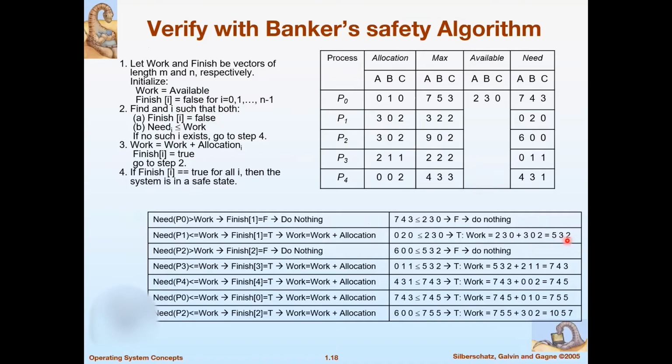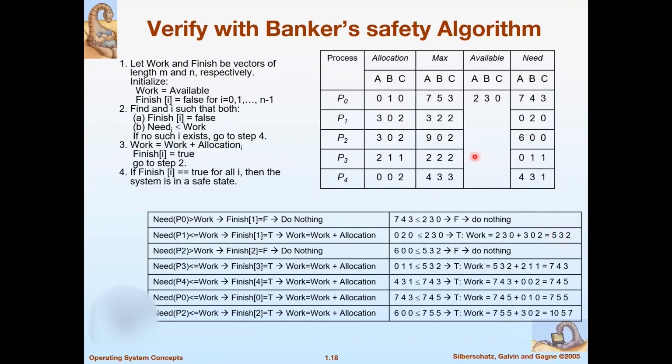Now come to process P2. The future need of P2 is 600, which is greater than the current available. So P2 will not complete. Come to process P3. The future need of process P3 is 011, which is less than the current available, that is 532.